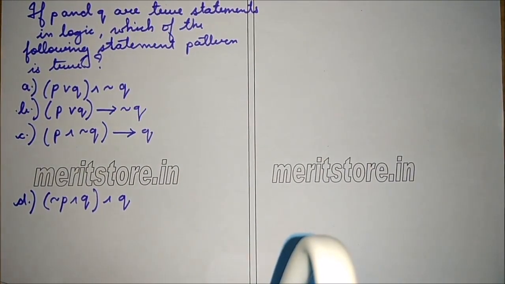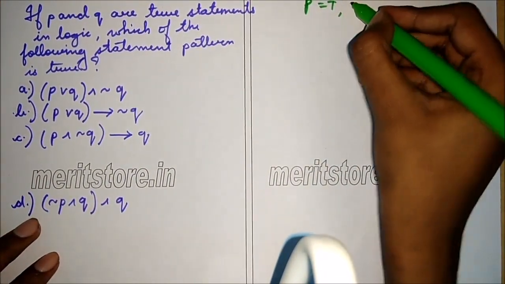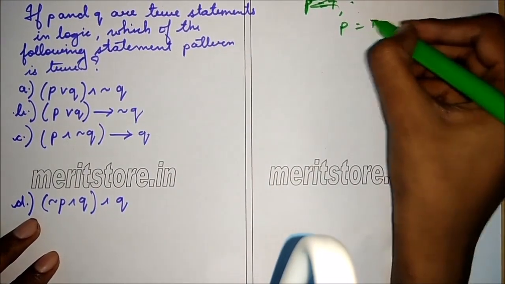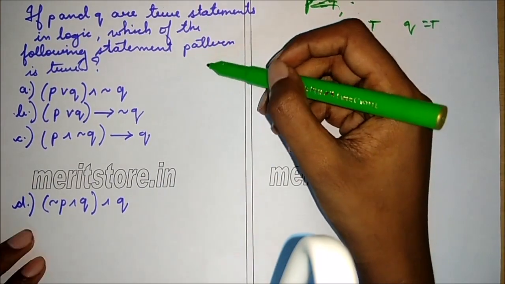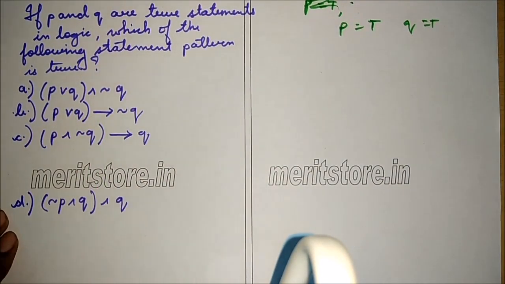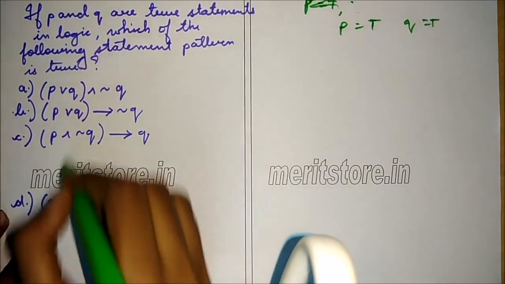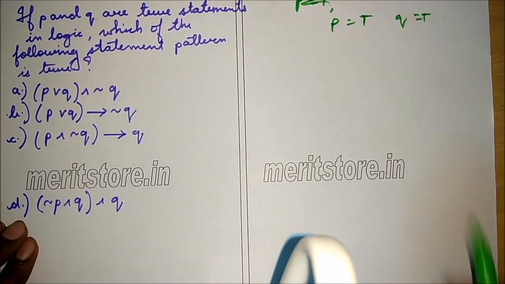If P and Q are true statements, so it is given that P is true and Q is true, then which of the following holds true? That is, we have to find which statement is true. So let us check one by one. For the first option, we will not be using the truth table since it will be lengthy.